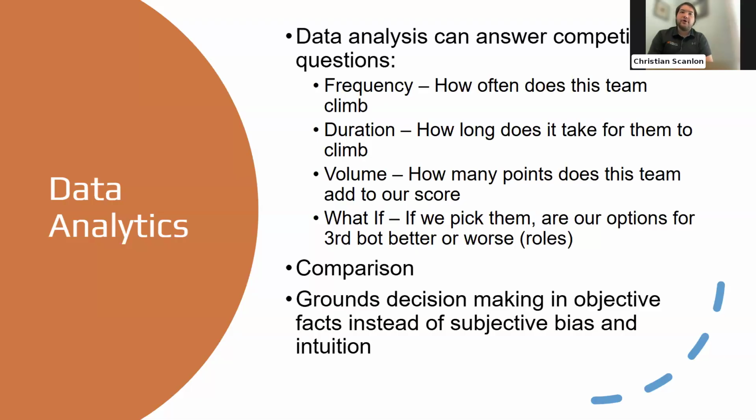One of the really important parts of decision making is having the objective truth, right? What can you actually point at and say, this is true, when you're making a decision? Instead of just saying, well, I think team ABC is able to score more than team DEF, prove it.